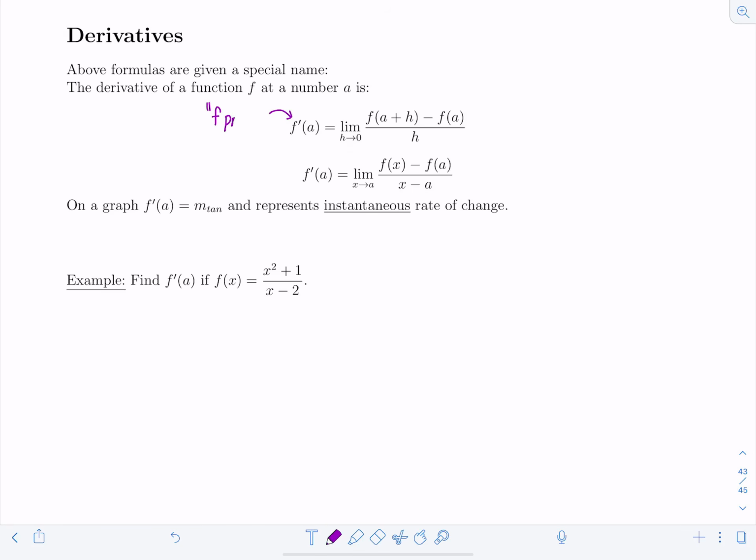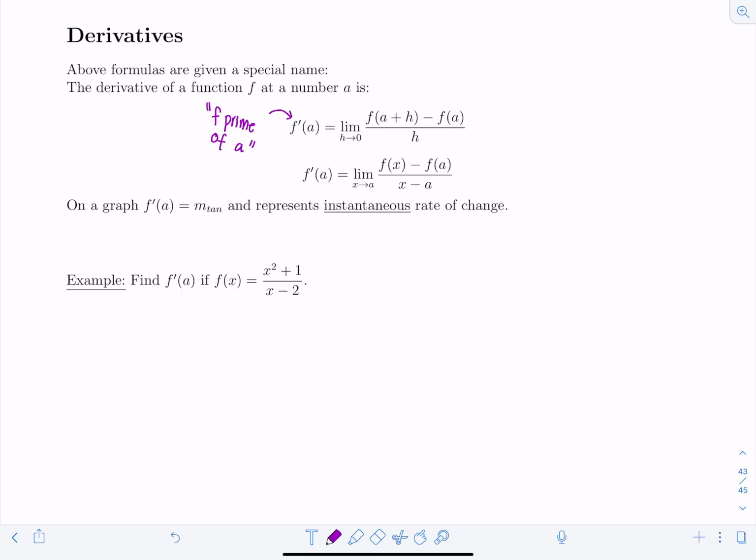F prime of a equals the limit as h approaches 0 of f of a plus h minus f of a all divided by h. And similarly, you could find the derivative of a function at a number a by using the other version of the formula, f prime of a equals the limit as x approaches a of f of x minus f of a over x minus a.